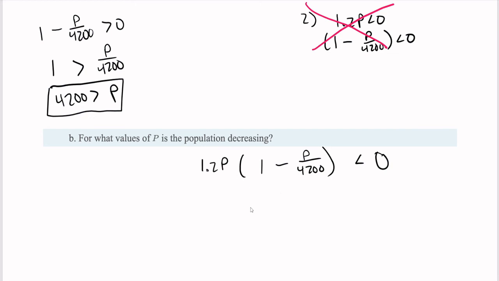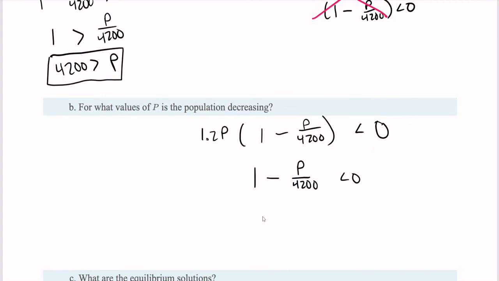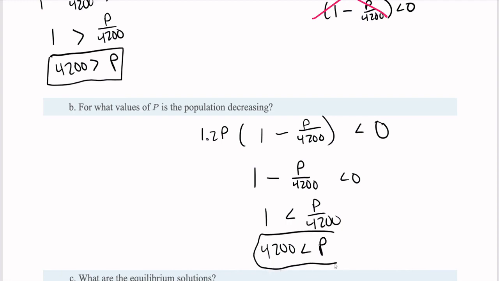So what I really need to solve then is, when is this chunk less than 0? We just solved this, actually, right, with this flipped, so you can just do the same thing. P over 4,200, move it over. Okay. Boom. If the population is over 4,200, then the population will decrease.